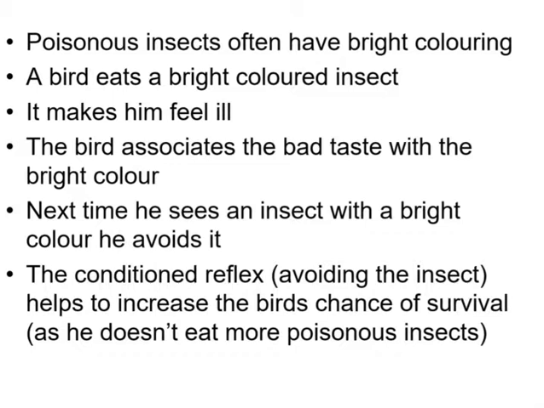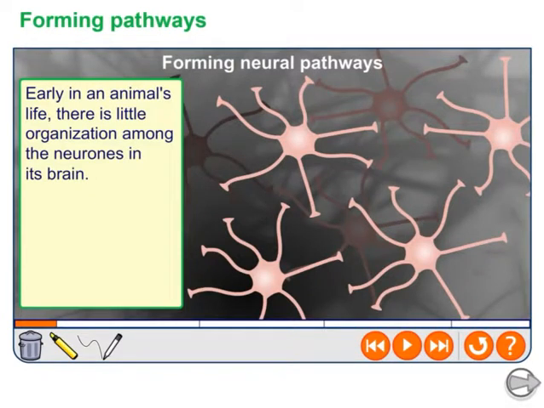Now, mammals have billions of neurons in their brain, and they can develop very complex behaviours built on experience and interactions with their environment. The learning from new experiences basically involves the building of unique neural pathways.